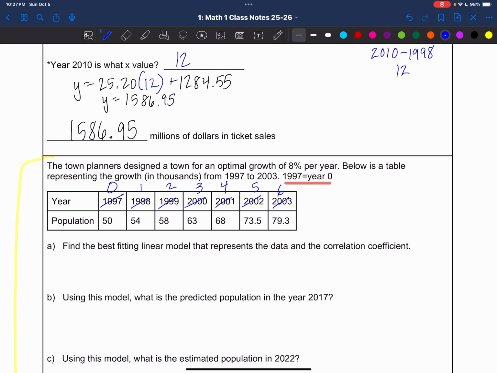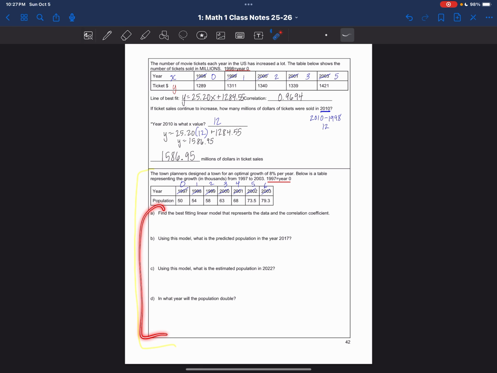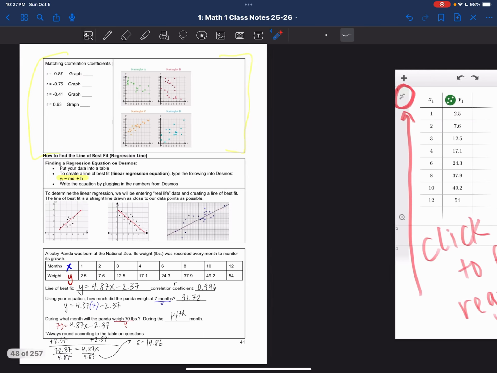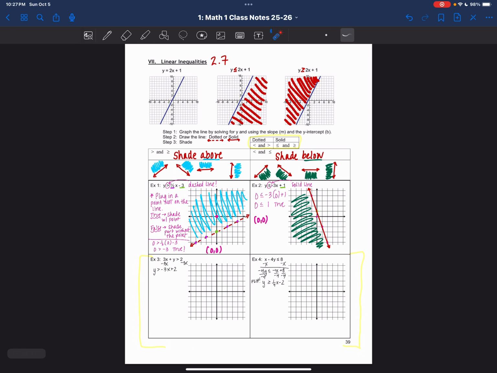All right, so when you're entering this on Desmos, use these values for X. All right, and then you're going to go through and you're going to enter in the rest of the information there. All right, oops. Wrong way, here we go. All right, so that is your linear inequalities and linear regression.